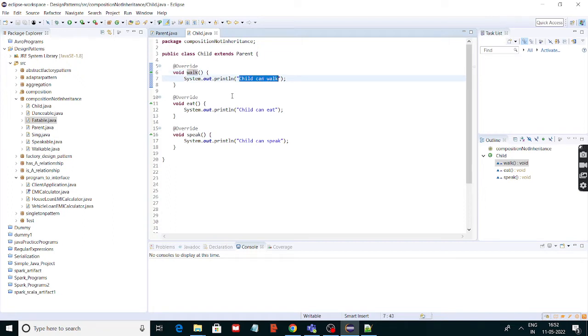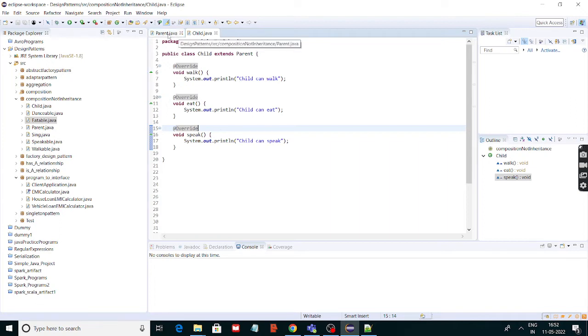The same thing applies to the other properties as well, like eat and speak. So this is an is-a relationship. The properties between the child and the parent are similar. I can't say it is the same, it is similar.